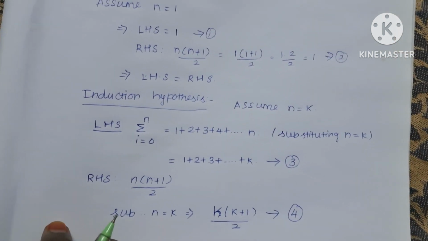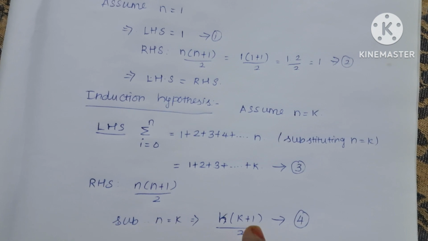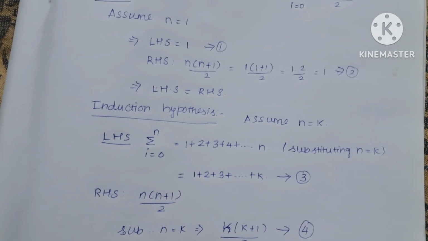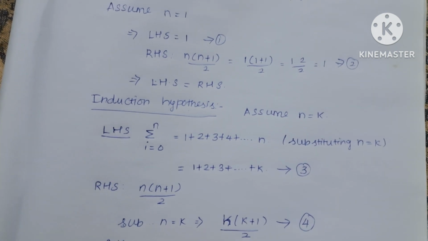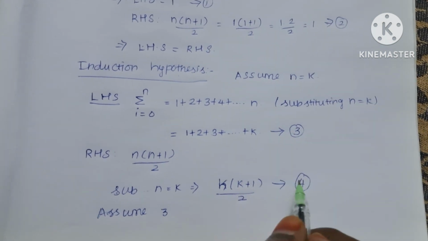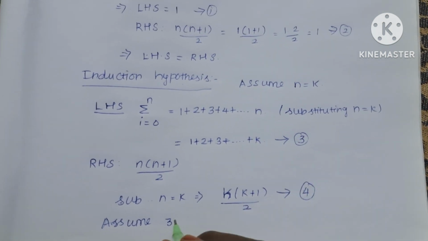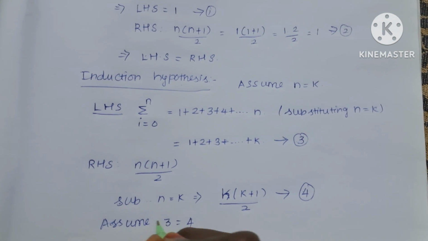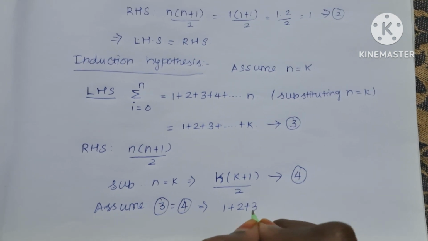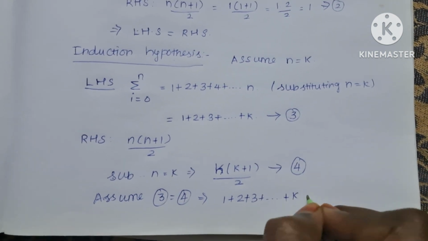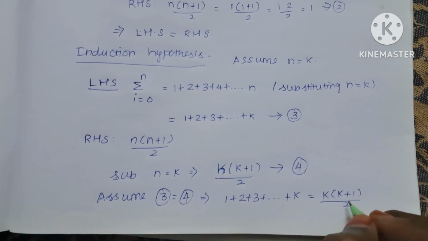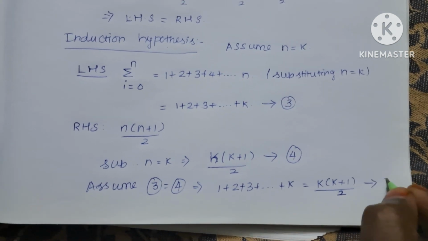So we assume left hand side is equal to right hand side since this is hypothesis. Okay, so assume 3 is equal to 4. Left hand side is equal to 4. Implies 1 plus 2 plus 3 plus up to k is equal to k into k plus 1 by 2. Let it be 5.